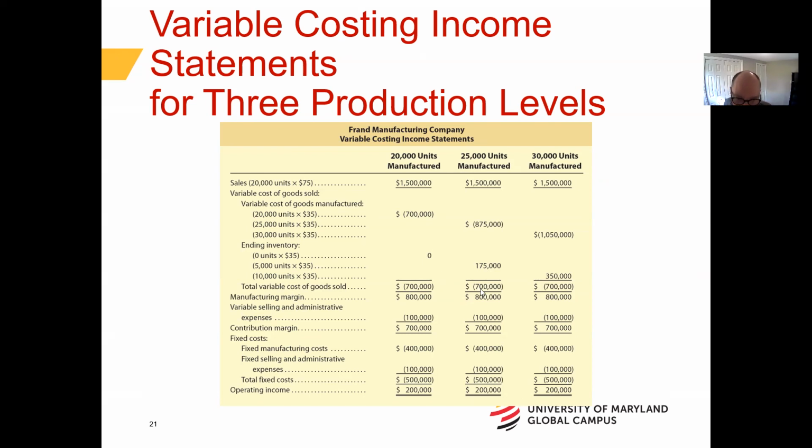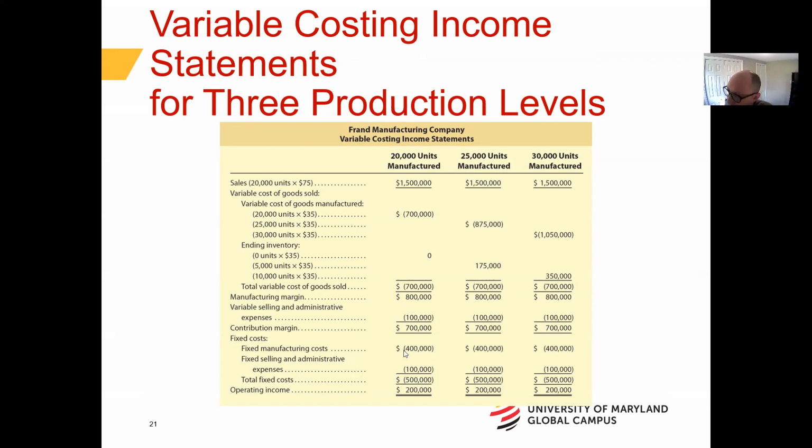So 700,000 sales minus total variable cost of goods sold equals manufacturing margin, 800,000, minus variable selling administrative expenses, 100,000, equals contribution margin, 700,000, minus my fixed costs.